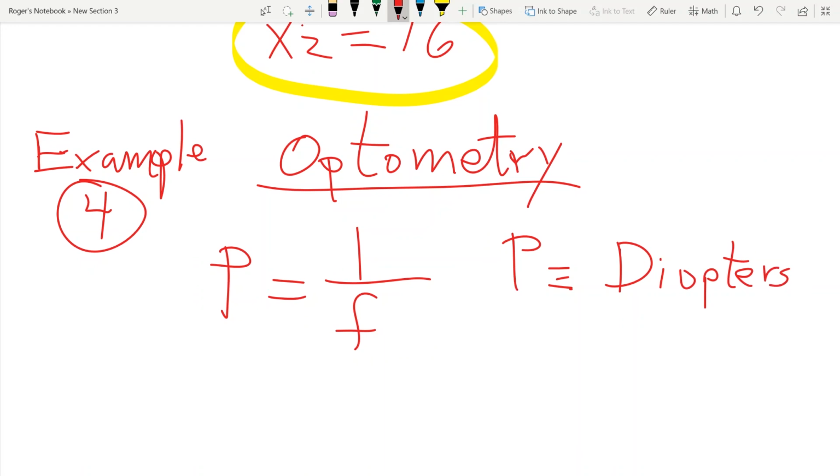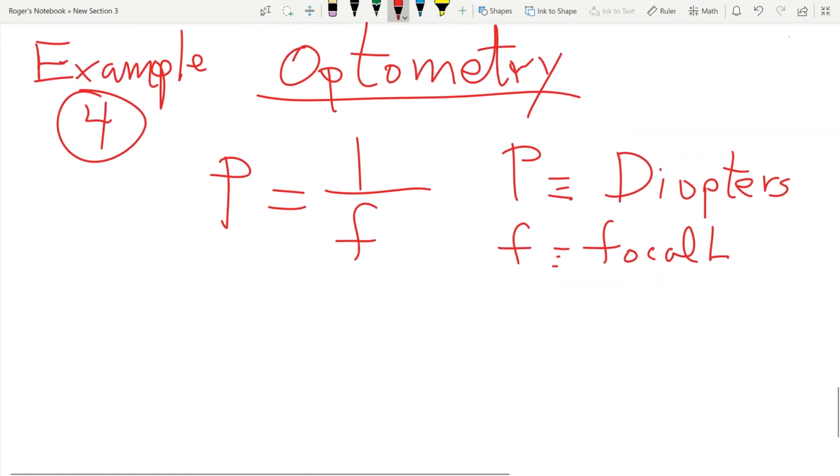And the focal length, this is defined to be the focal length in meters.